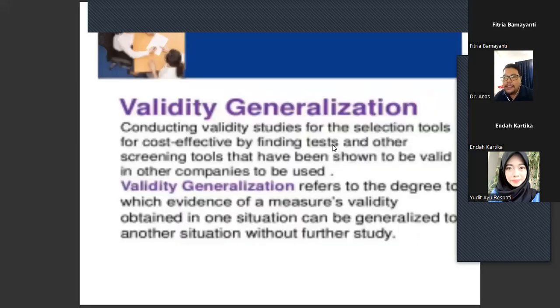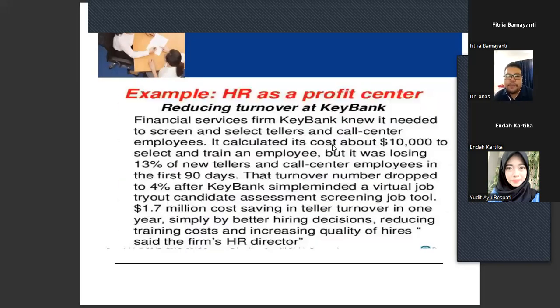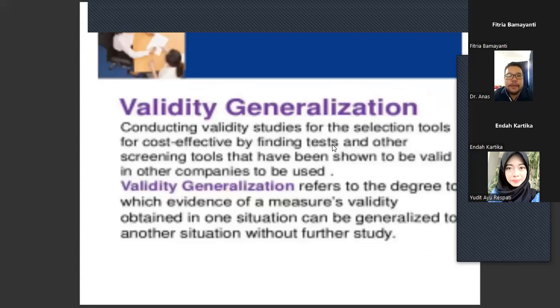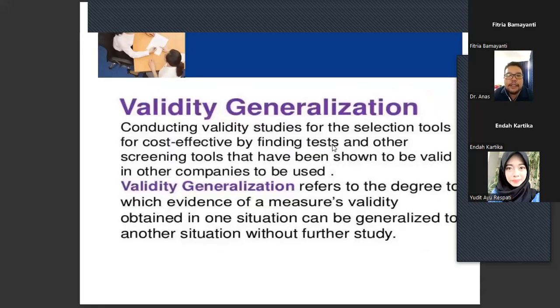Okay, and then next is validity generalization. Have the next slide. This validity generalization is conducting validity studies for the selection tool cost-effectively, by finding tests and other screening tools that have been shown to be valid in other companies to be used.